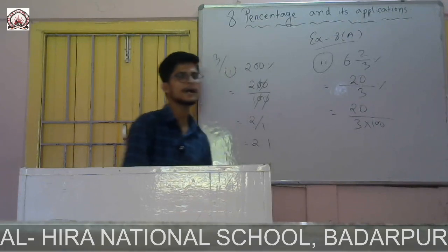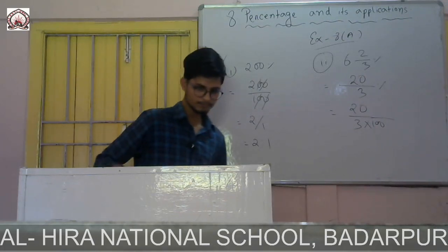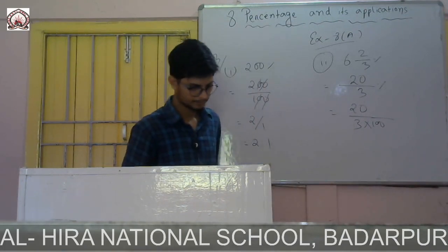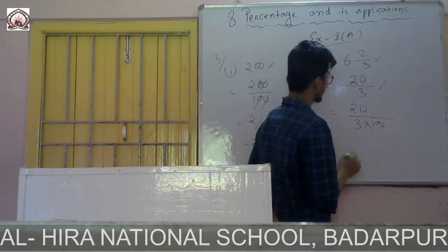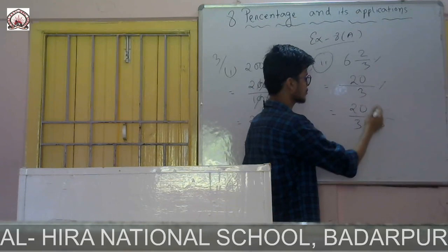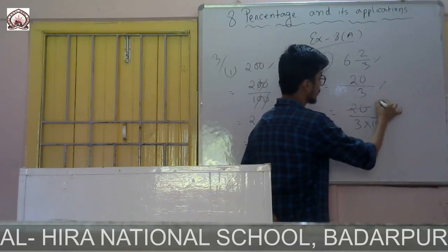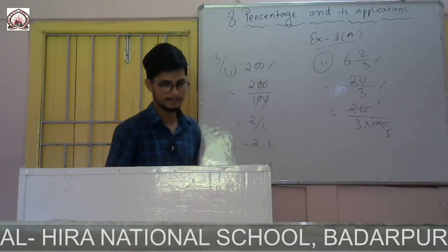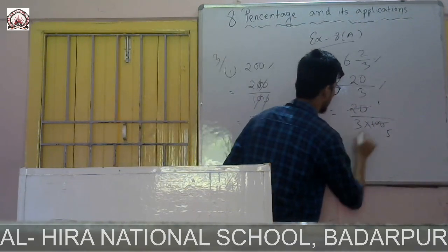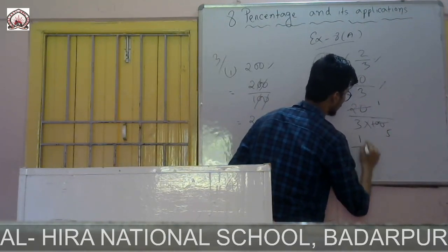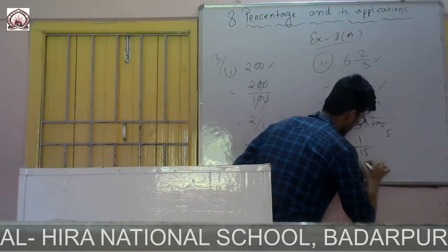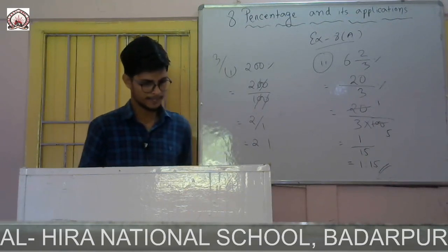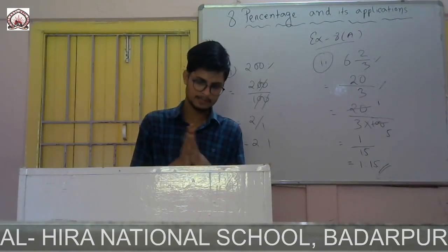Now I have to make this into a ratio, so I will cancel 20 ones are and 25s are 100. So left are 1 and 5 into 3, which is 15. That means I can write 1 is to 15.